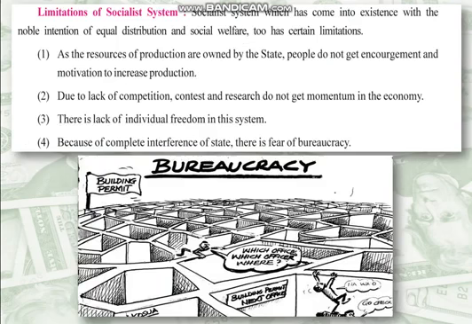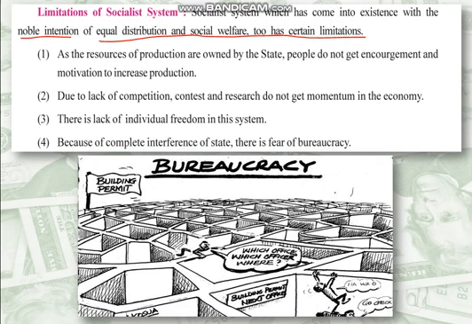Next, limitations of the socialist system. Now this is also very important. As there are benefits, in the same way there are limitations. The socialist system came into existence with the noble intention of equal distribution of social welfare, but to a certain limit. This is a very good system, but here also there are certain problems.